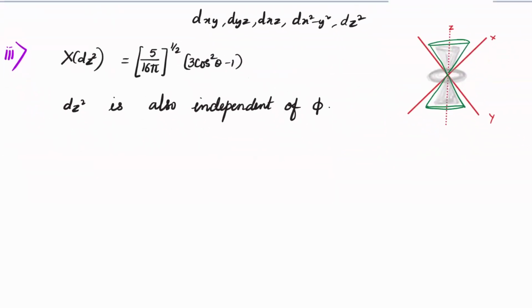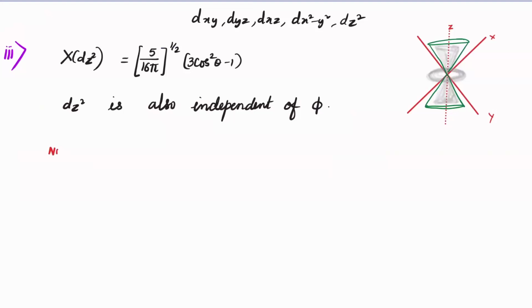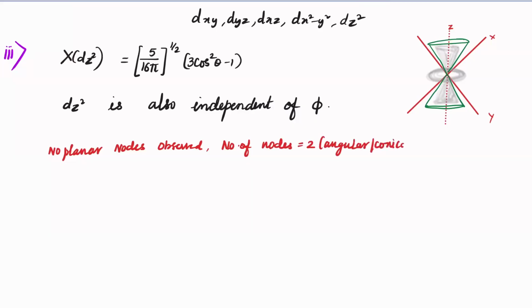Okay. So no planar nodes observed. But the number of nodes is 2. So what are these nodes? These nodes are basically angular or conical nodes.